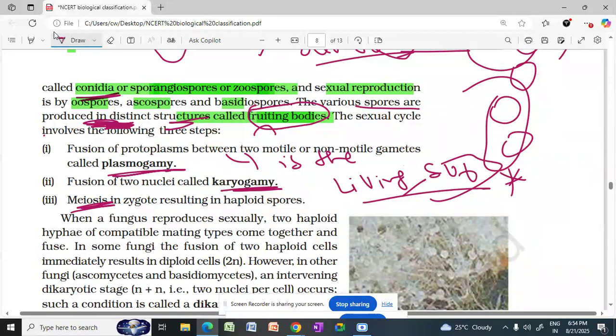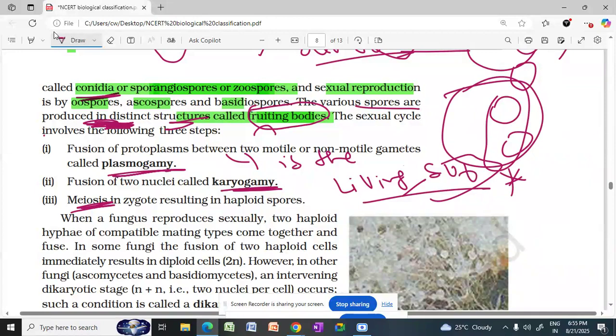Your cytoplasm is a semi-fluid substance within the cell, and nucleus is also there. So it includes the cytoplasm and the nucleus.